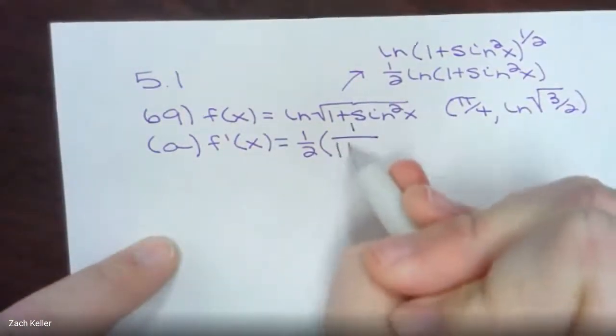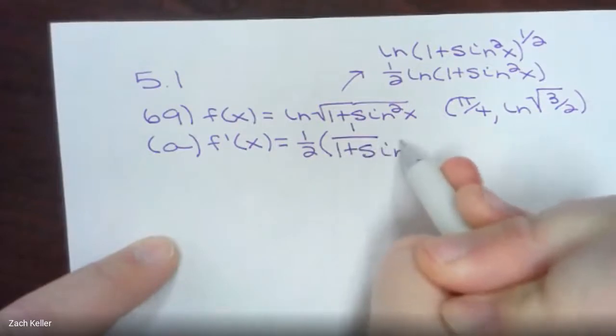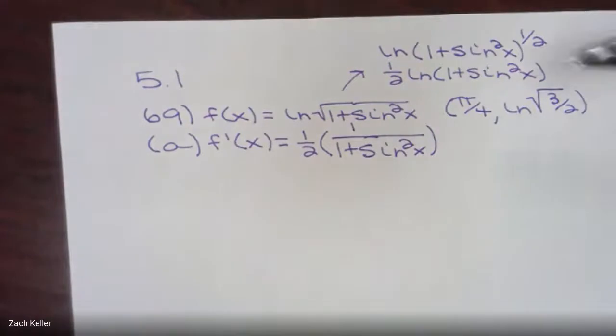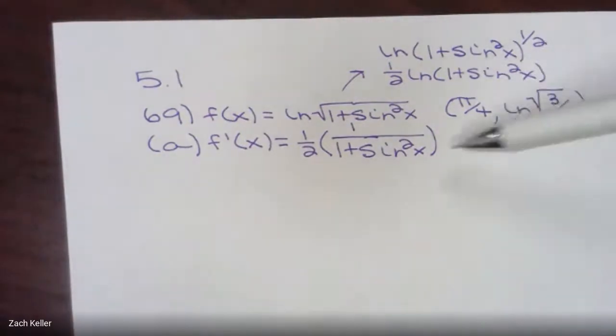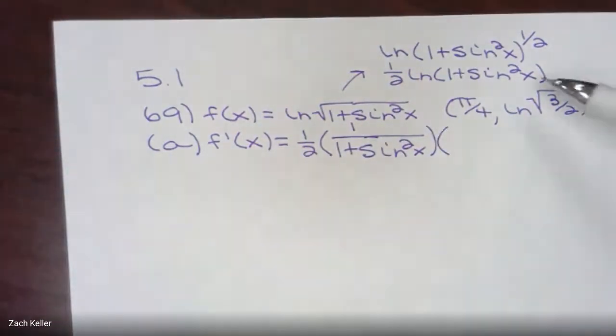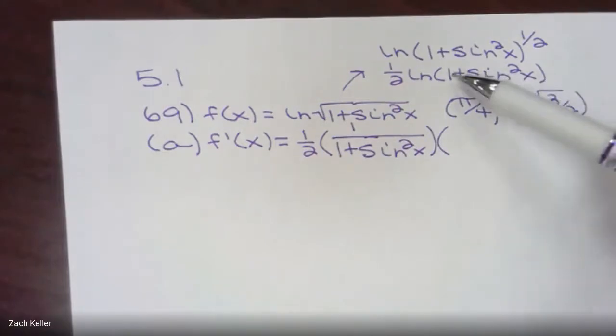the inside part. The reason this says 1 plus sine squared x is because we're using the chain rule. Because 1 plus sine squared x is the inside part, the inside stays the same, times, don't forget this, because it's a composite function, the derivative of the inside. So the derivative of 1 plus sine squared x.